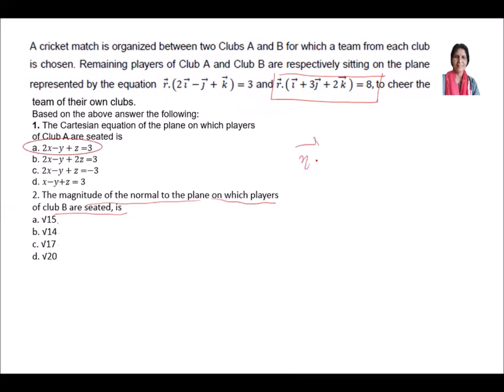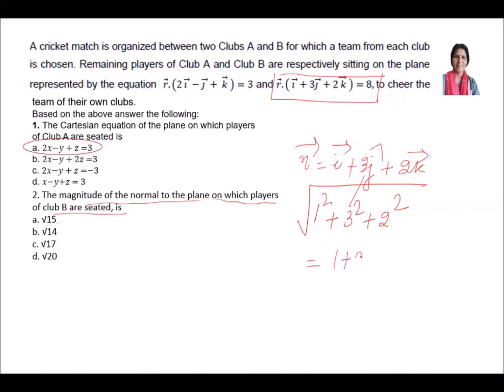So here the normal is i vector plus 3j vector plus 2k vector. Now how to get the magnitude of this? It will be the square root of 1 square plus 3 square plus 2 square. So it will be the square root of 1 plus 9 plus 4, certainly square root 14. So where is the answer? B is the answer to this question.